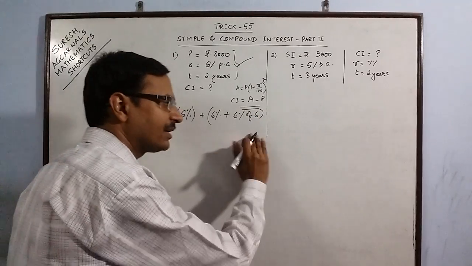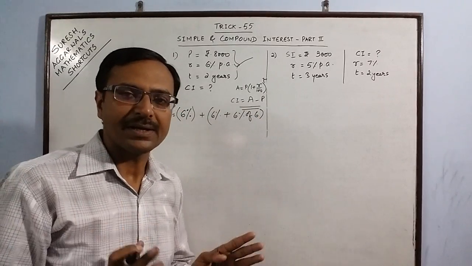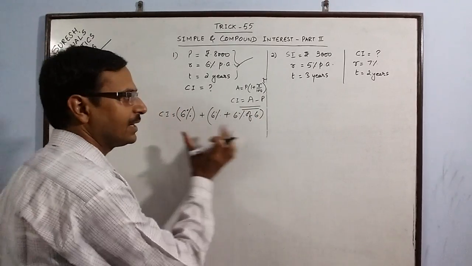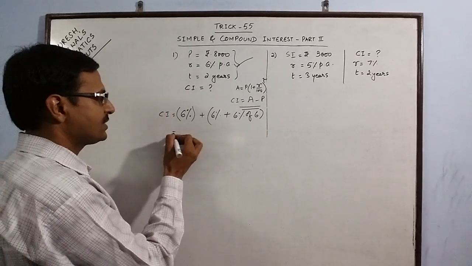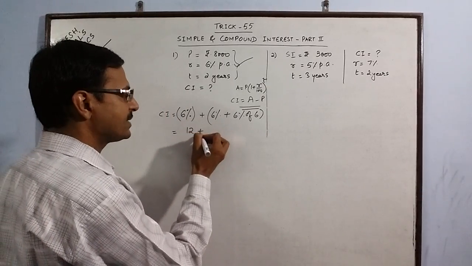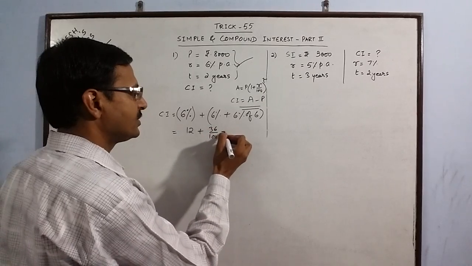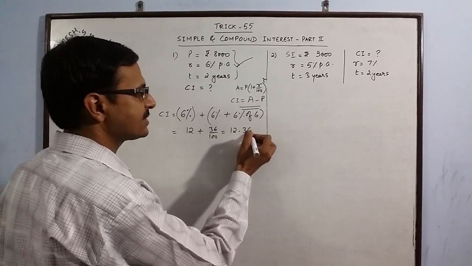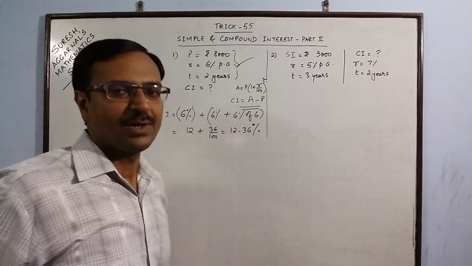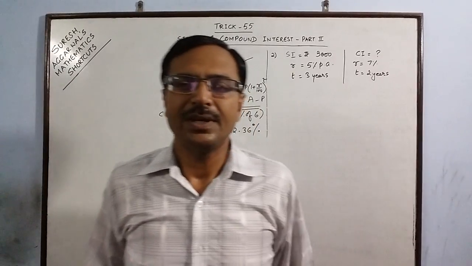This is the method used to find the total interest for 2 years. This is the first year and this is the second year. So this becomes 6 plus 6, 12, plus 6% of 6 is 36 upon 100, 0.36. So the total interest is 12.36%.